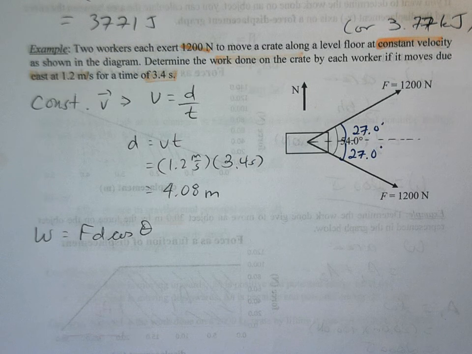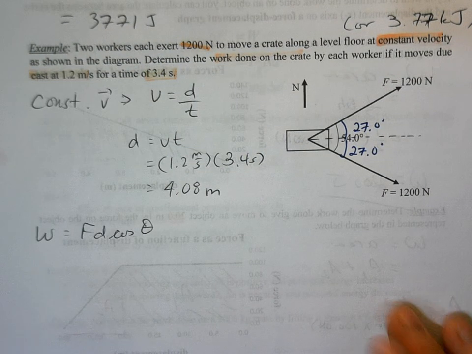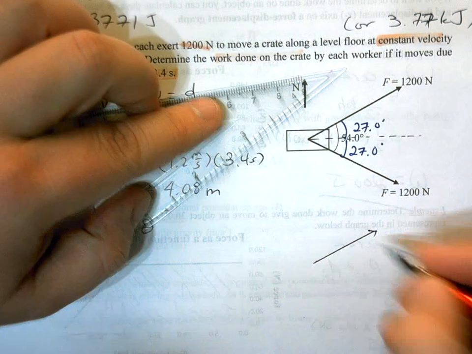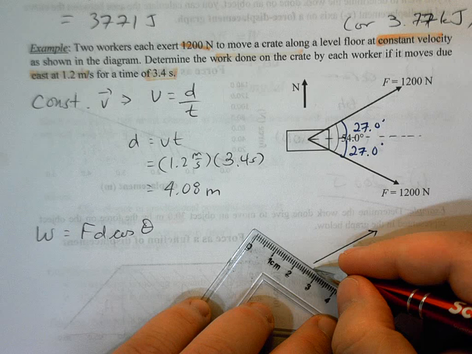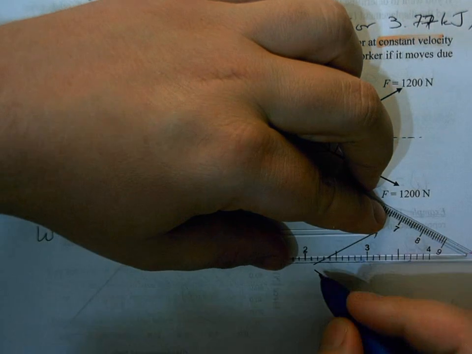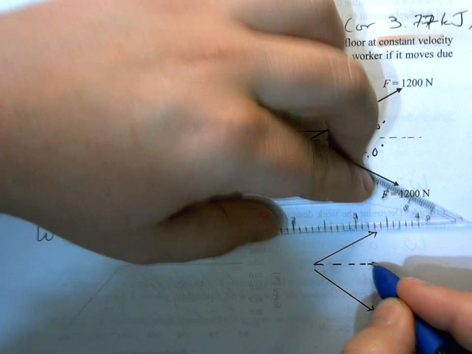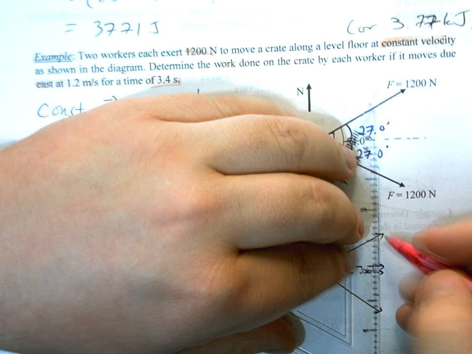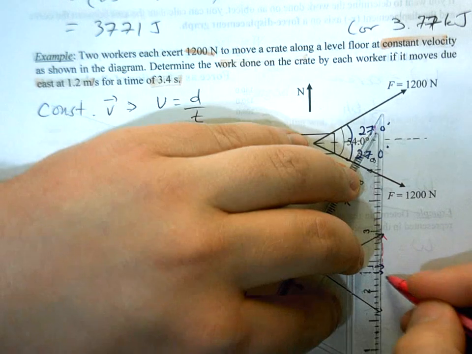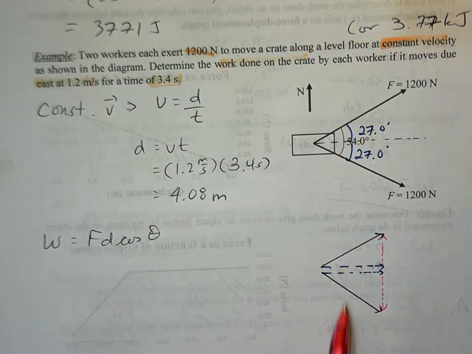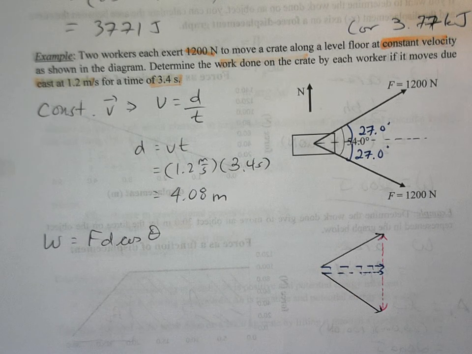Because if I look at the vector diagrams for these two things, for example, the first force up top, and then the second force on the bottom here, I'm just trying to sketch these as best I can. This is going to have an x component, this is going to have an x component, this is going to have a y component, and this is going to have a y component. Now, because these are the exact same vectors, magnitude-wise, the components are going to be equal.